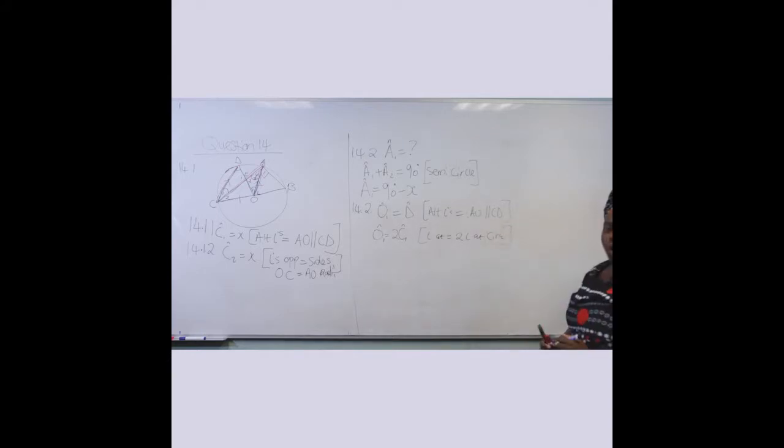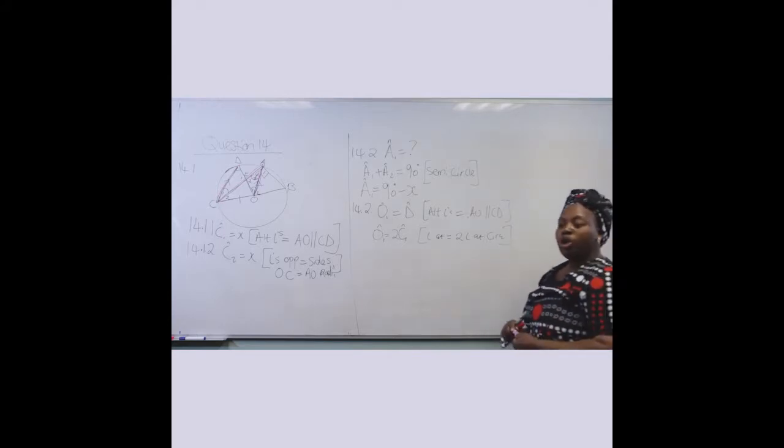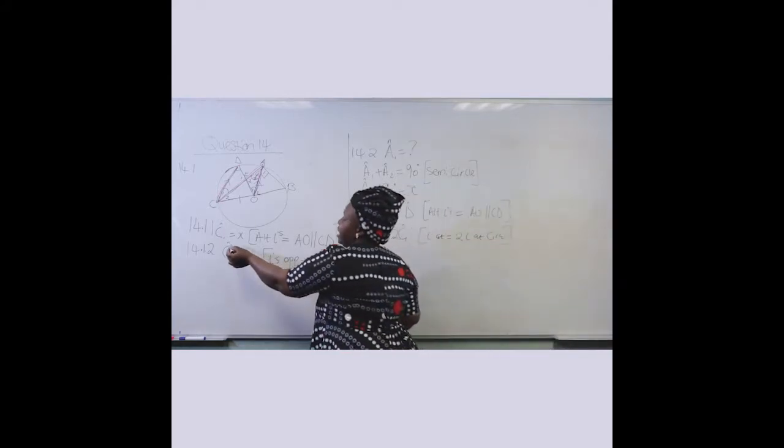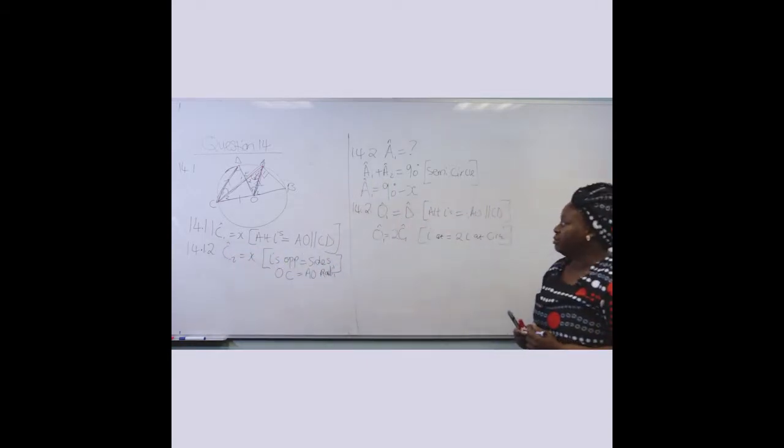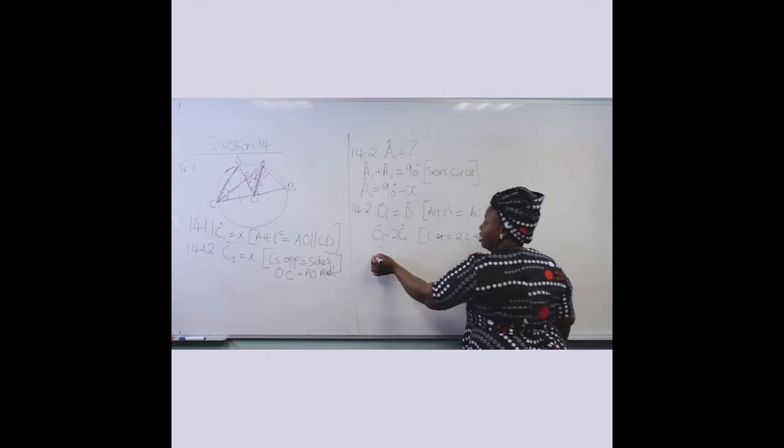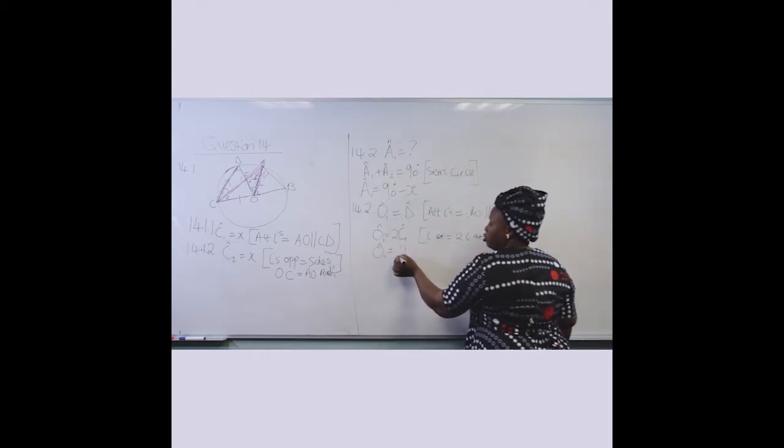Now, angle C1 back then, in 14.1.1, we have said that it's equals to X because of the alternating angles. There it is. Okay, if angle C1 is equals to X, it means that angle O1 is also equals to 2X.